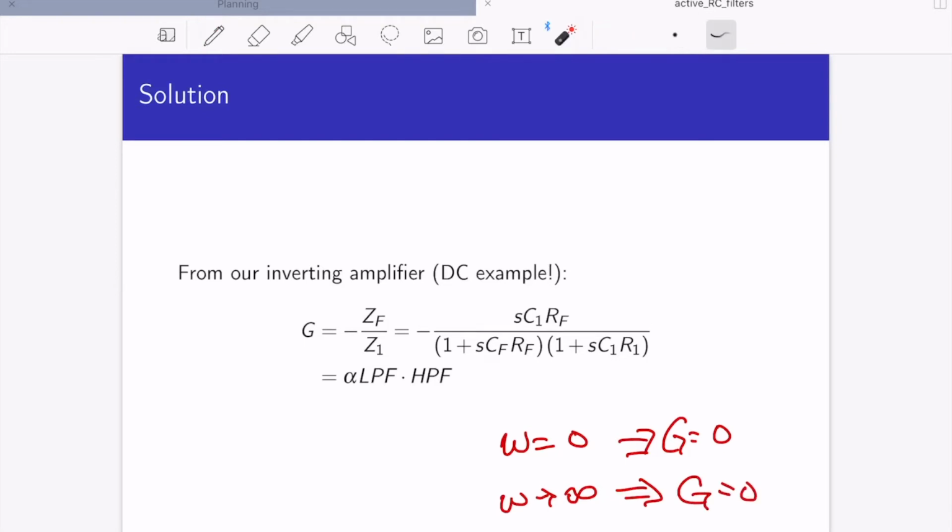Well, I throw away the ones because they don't matter, and then I have infinity over infinity squared, so that means that the gain is going to 0. So sure enough, this is a bandpass filter, and it's important to note that it's some constant times a low-pass filter times a high-pass filter.